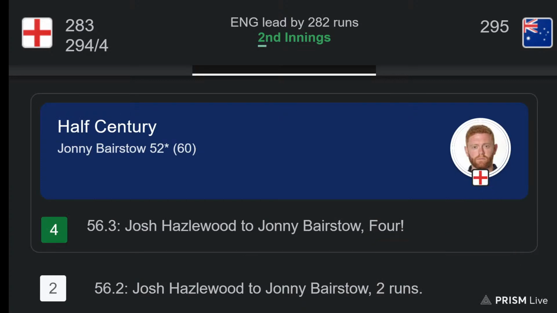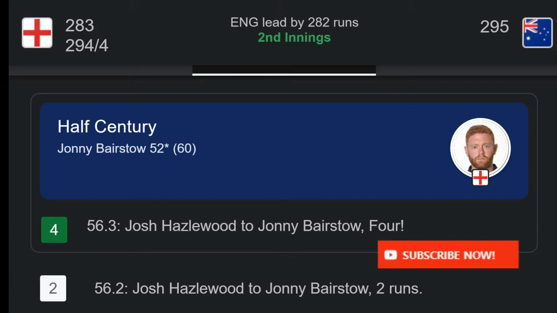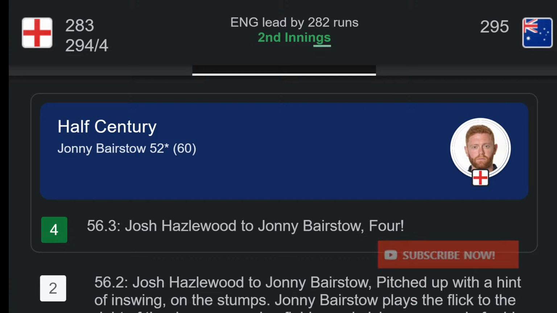It's a boundary that takes him to the total of 52 off 60 balls. So another half century, Johnny Bairstow, 52 of 60, 294 for the loss of 4 wickets. England lead by 282 runs in the second innings.